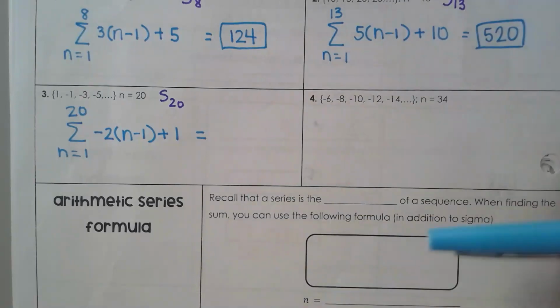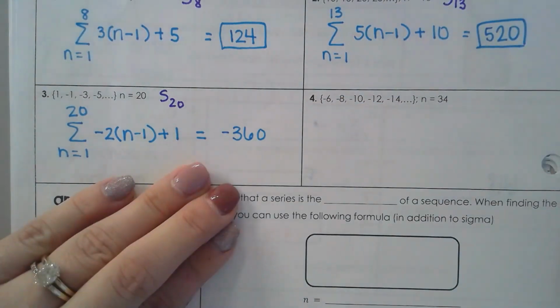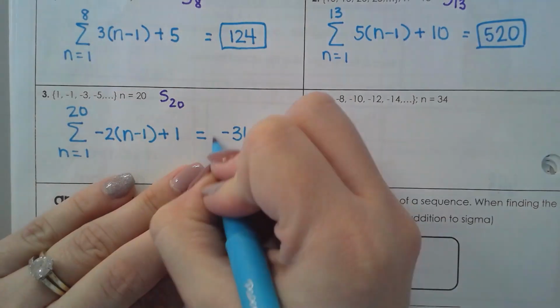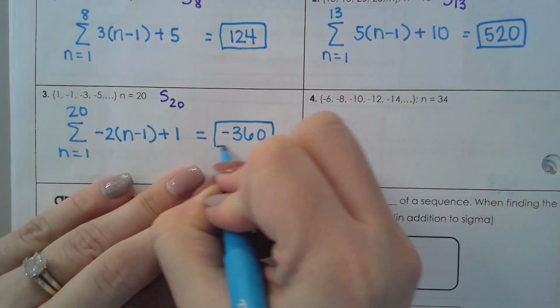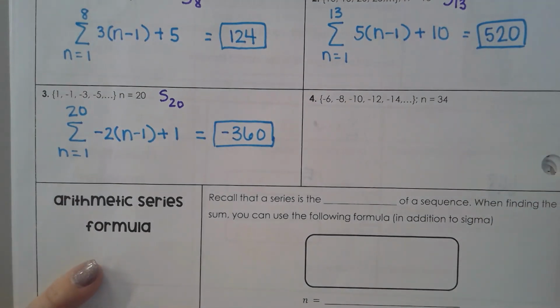We get negative 360. Any questions so far?